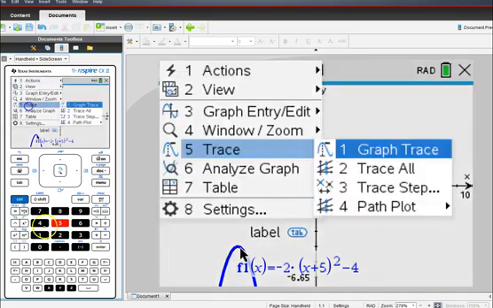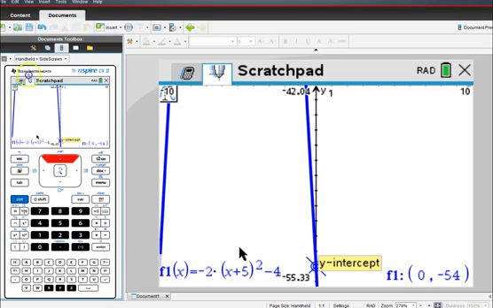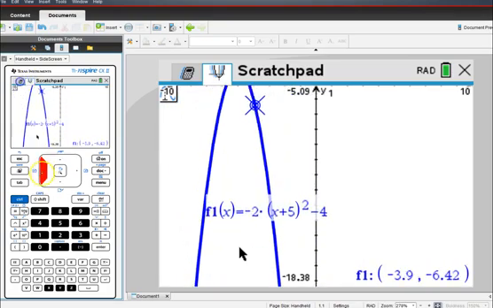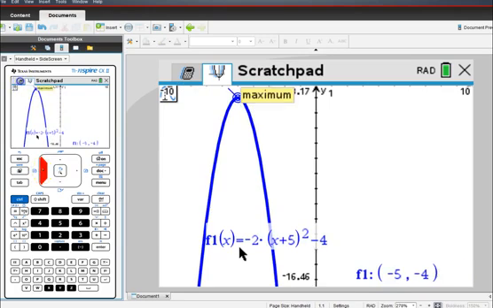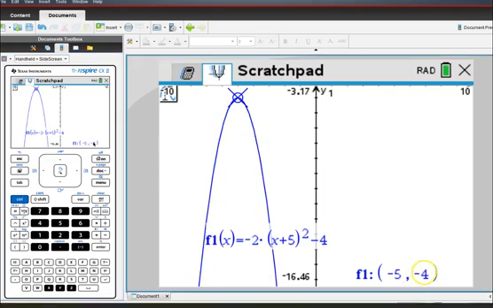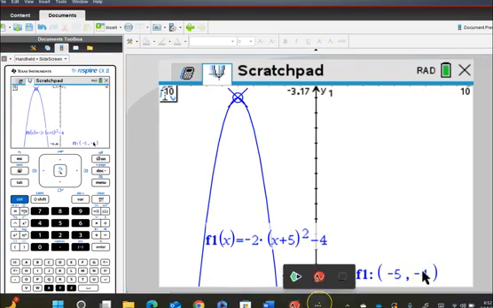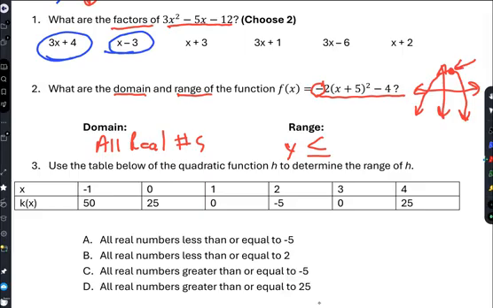So I'm going to do menu 5-1, and I'm going to trace up or to the left and get to that vertex. I have a maximum, and it's at -5, -4. That -4 is my max. So I need all of the y's that are smaller than the -4.